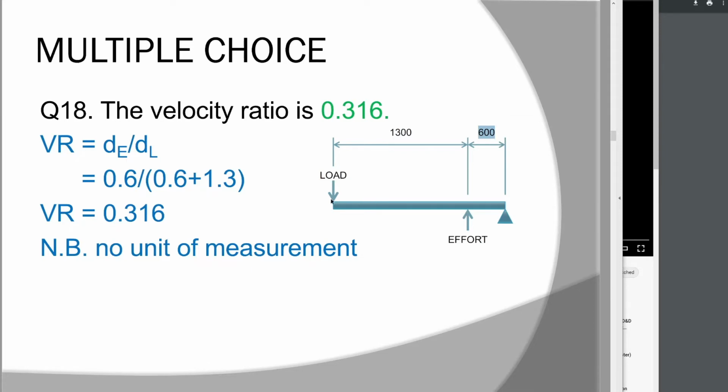And the load, well, some people would write 1.3, and that'd be wrong. The load is actually 1.9 meters away from the fulcrum, so 0.6 plus 1.3 is 1.9, nearly 2 meters away. People get tricked when we're talking about second and third order levers. People get confused. So don't be someone who gets tricked.